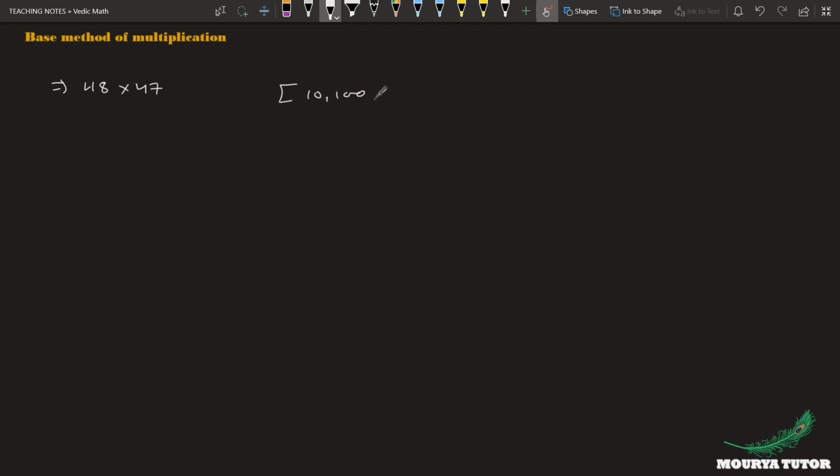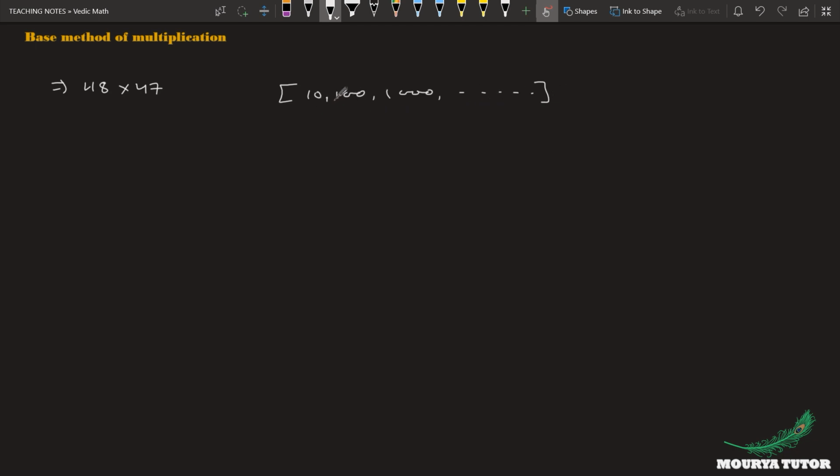As you know, we have taken the base from this list every time, correct? Now let's take one base for these two numbers also. You can take either 10 or 100. I am sure you will not take 1000 and so on.